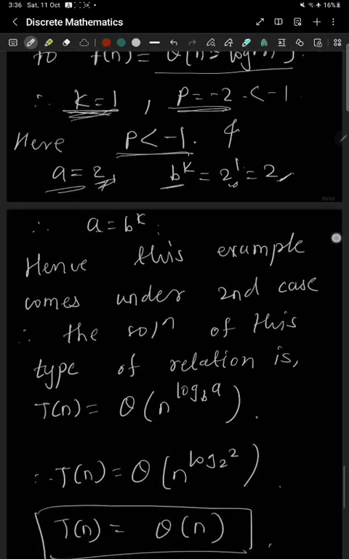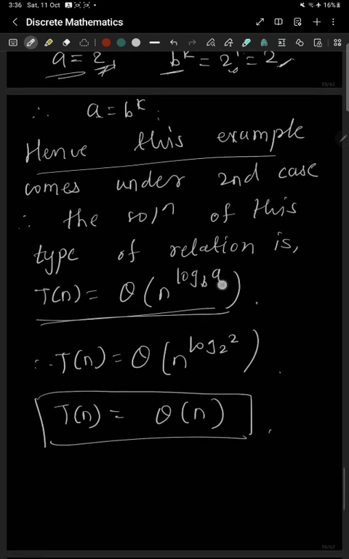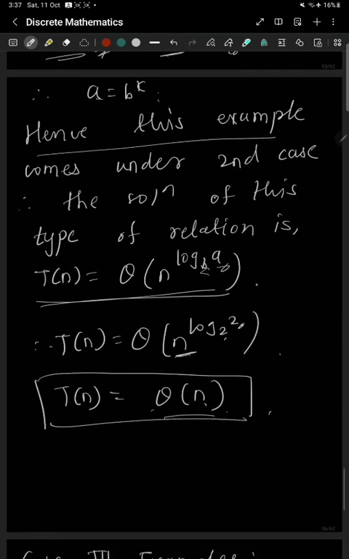So the solution of this type of problem is given by what? T of n is equal to theta n to the log of a at base b. Put the values of a and b, we get 2 2, hence it is going to cancel out and only the n remains, hence theta of n. Here please note, when I say cancel out, it cancels out because the power of 2 is 1.